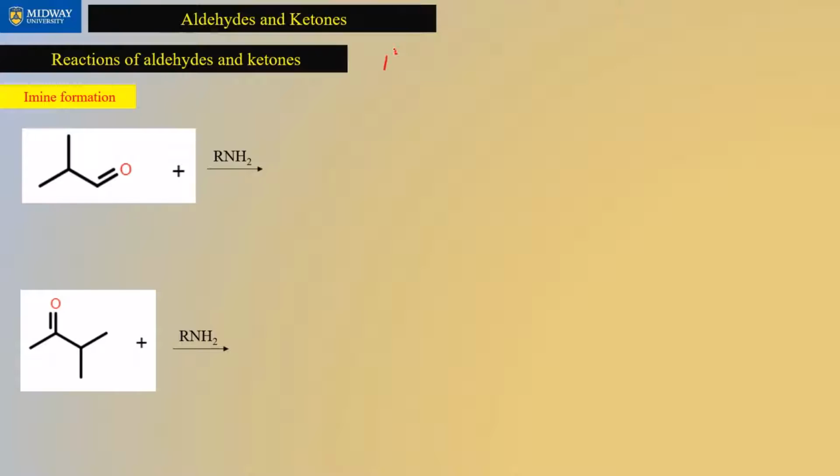A primary amine is nitrogen with 2 hydrogens. A secondary amine is nitrogen with 1 hydrogen. A tertiary amine is nitrogen with no hydrogen, and there is something called a quaternary amine. I hope I spelled it right, and even if I didn't, I don't care because I'm not an English teacher.